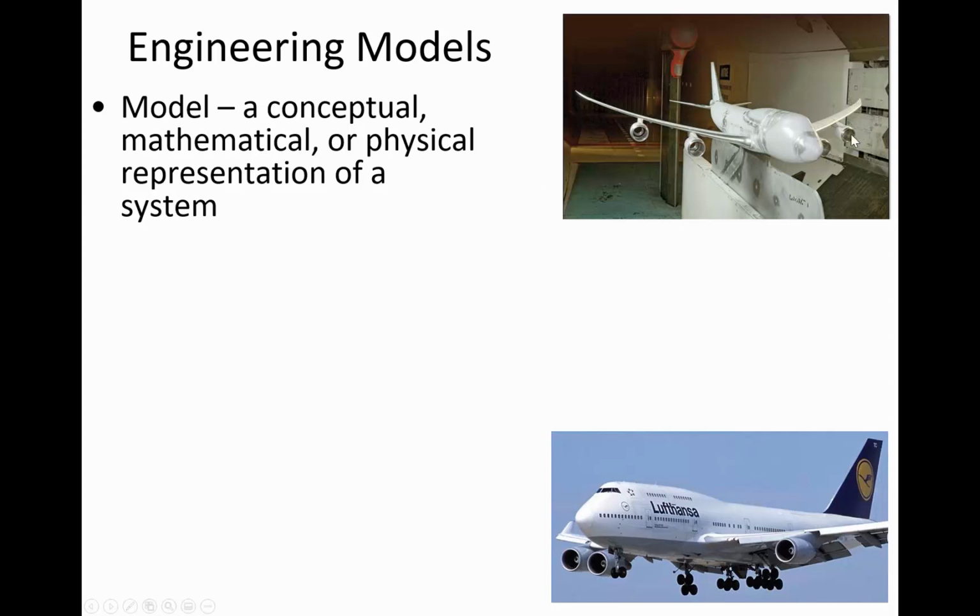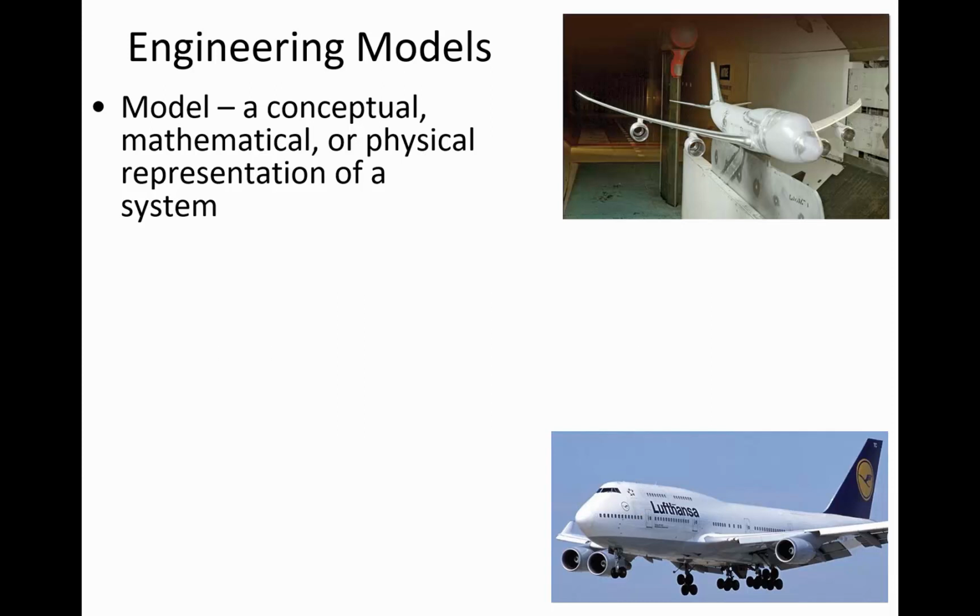But the purpose of building a small-scale model like this is so that you can do tests and make changes without having to do that same thing to the full-size prototype. In other words, it's much easier to make small changes to the model than to completely redesign the full-size version of the airplane every time you want to test something.